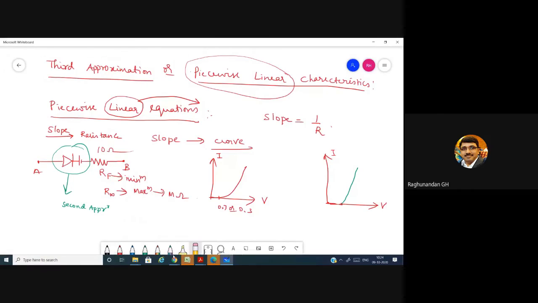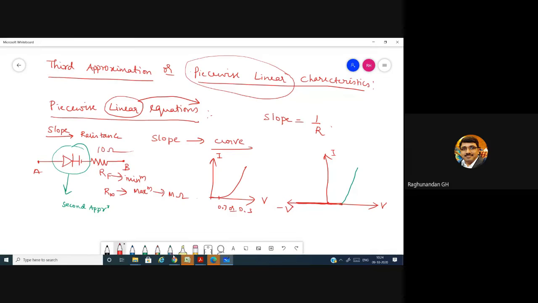But still in the third approximation, we assume that the diode will be reverse biased, so we'll not worry about that. Since the diode is reverse biased, there will be no current.